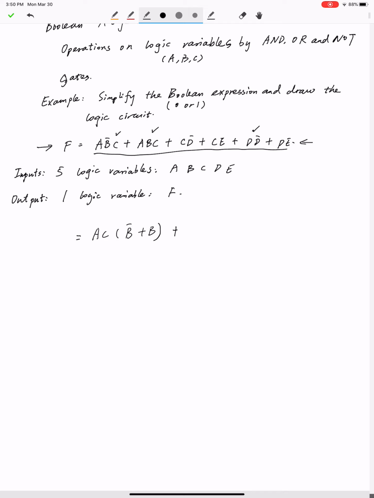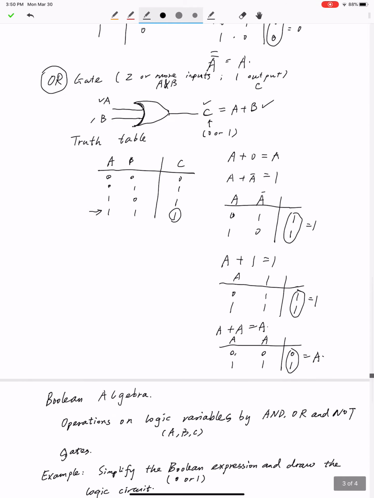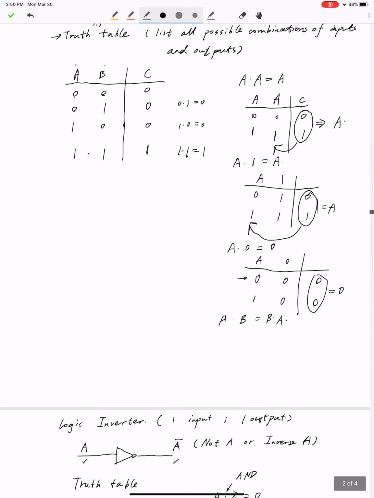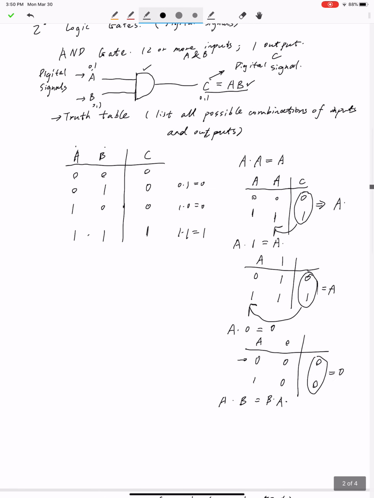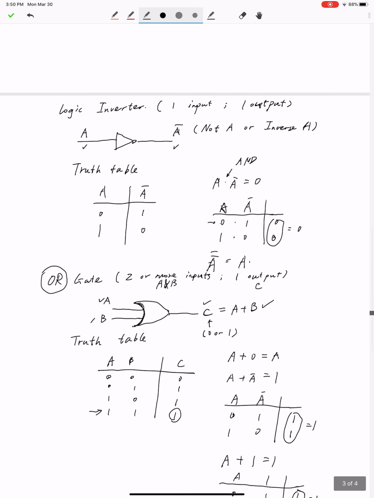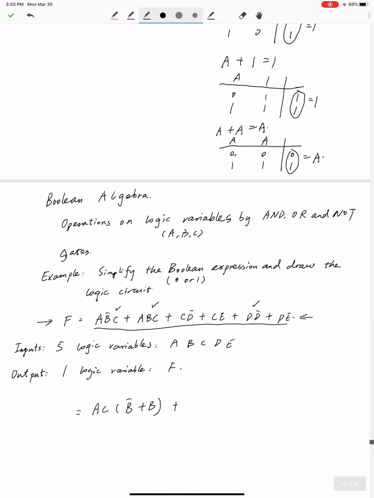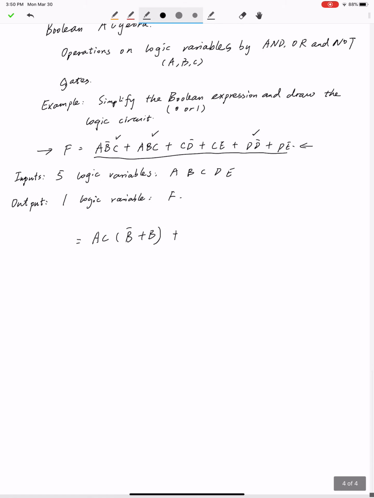D times D bar is what? In the logical AND gate, we gave some formulas. A times A bar is 0, right? So here, D times D bar is also 0, right? Then let's write the remaining parts: CD bar plus CE plus DE, right?